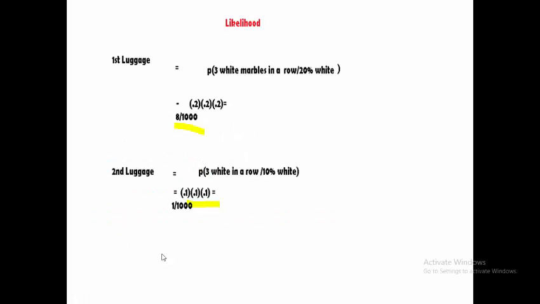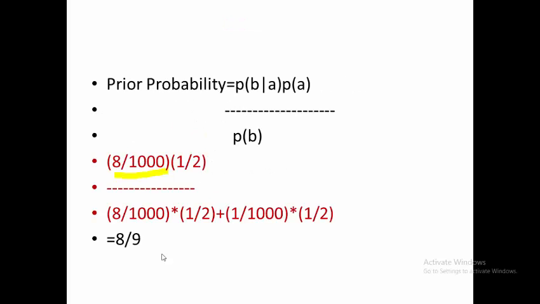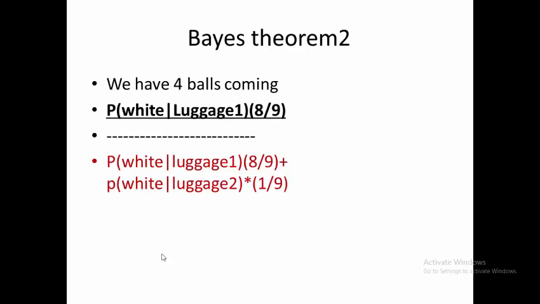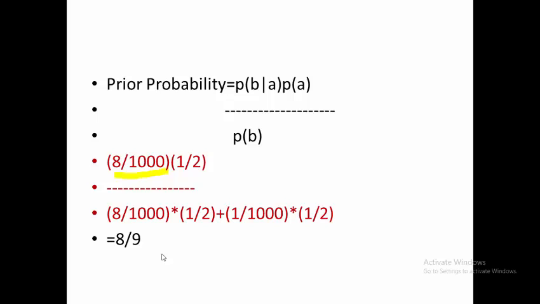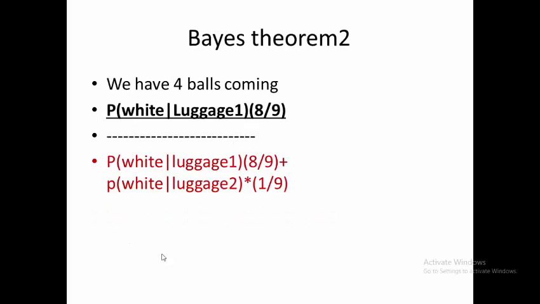So this is an example of how we use Bayes theorem to know the probability that is from luggage 1, while 1 by 9 is the probability for luggage 2. Now let's improve the condition and again use Bayes theorem.